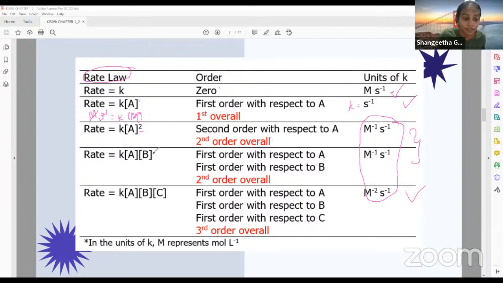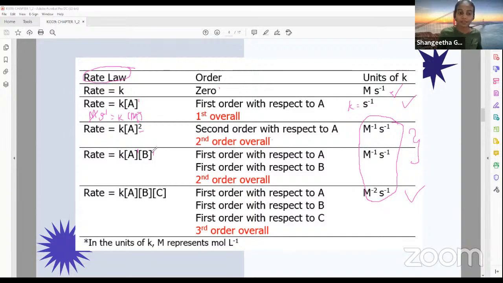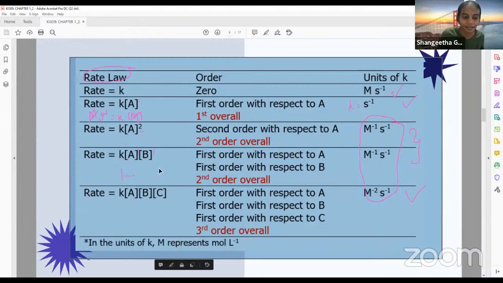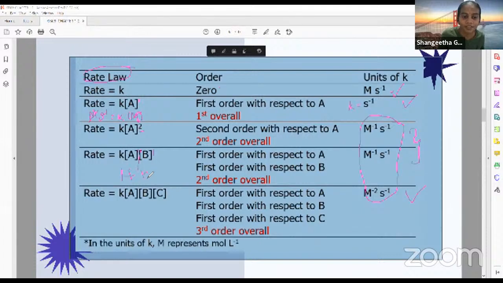For example, it is first order with respect to A and first order with respect to B, so the overall order is 1 plus 1, which equals 2. Let me just clear this.